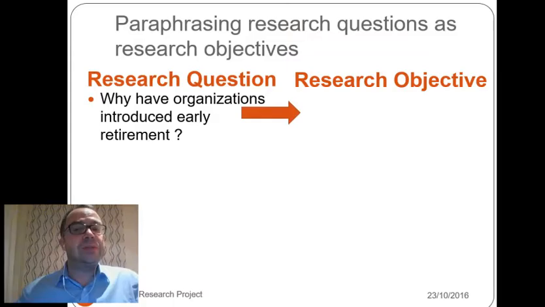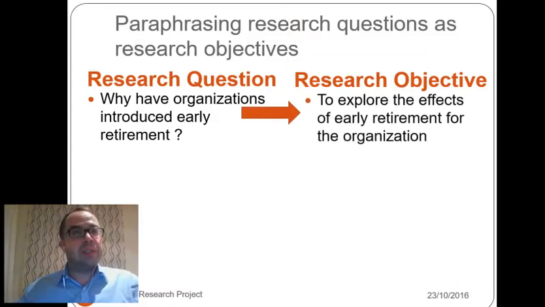The objective may well be formulated in the following form: to explore the effects of early retirement for the organization. That's what you're trying to achieve. The objective of your research in relation to this question is to explore the effects of the organizations introducing early retirements. There might be negative, positive effects, we don't know. That's what you are to try and investigate.